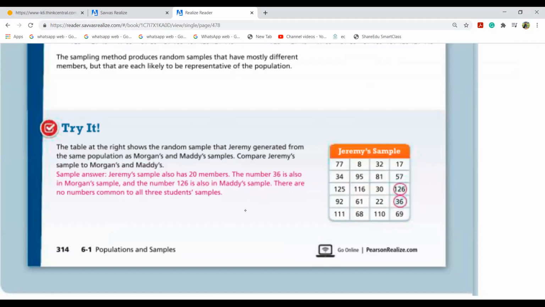See, 126 is in Maddie's, but it is not in Morgan's. 36, understood? There are no numbers common to all three student samples. This is what you have to write. They are just asking you to compare, girls. How are they randomly selecting, and they are comparing whether they have anything common in the samples or not?